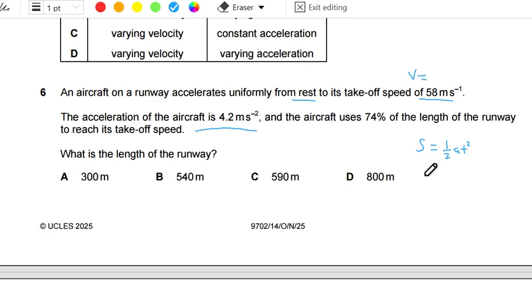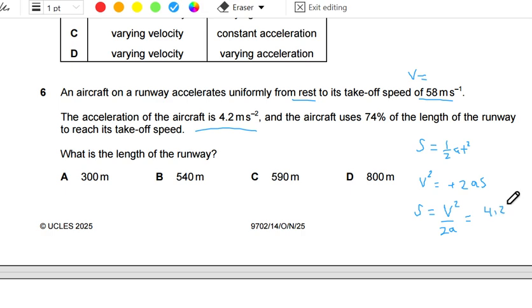So we can use v squared equals u squared, which is 0 because it is from rest, plus 2as. So for the distance taken by the aircraft to reach this velocity from rest, we can have this formula, which is a rearrangement: v squared over 2a.